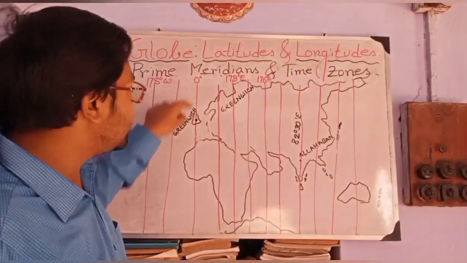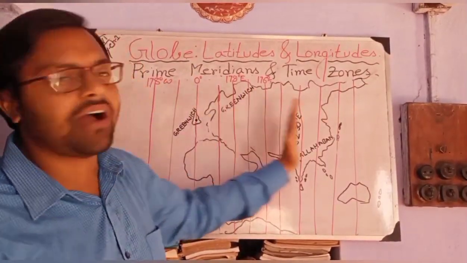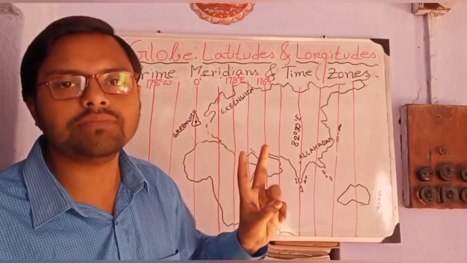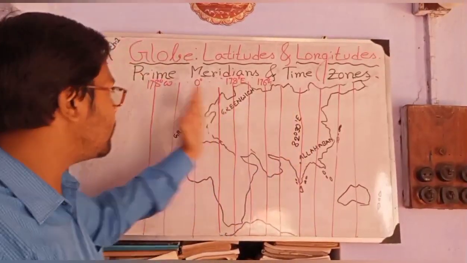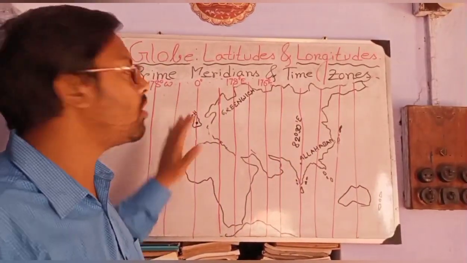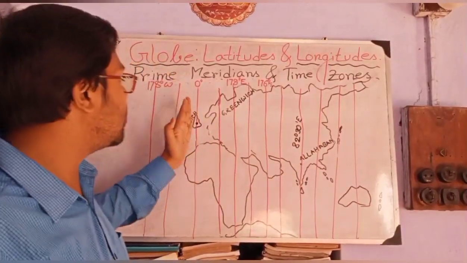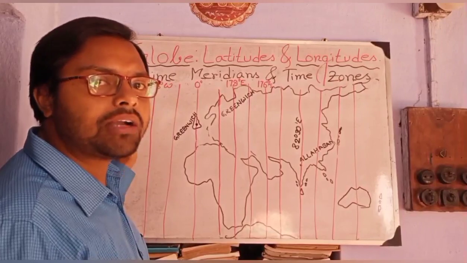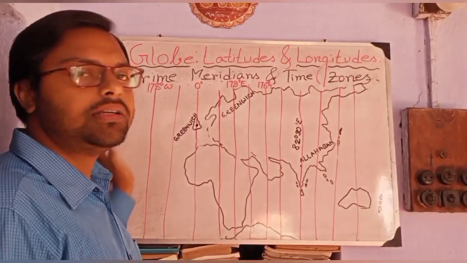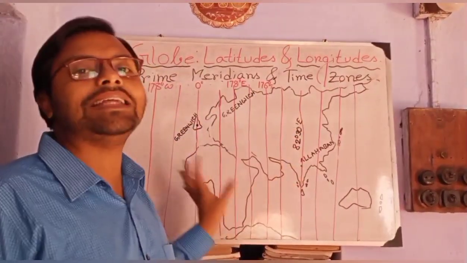That's why this longitude divides the world into two equal halves, the Eastern Hemisphere and the Western Hemisphere. We have drawn only the Eastern Hemisphere here for better understanding. We have not drawn the North America and South America part, for the sake of understanding the time zones.